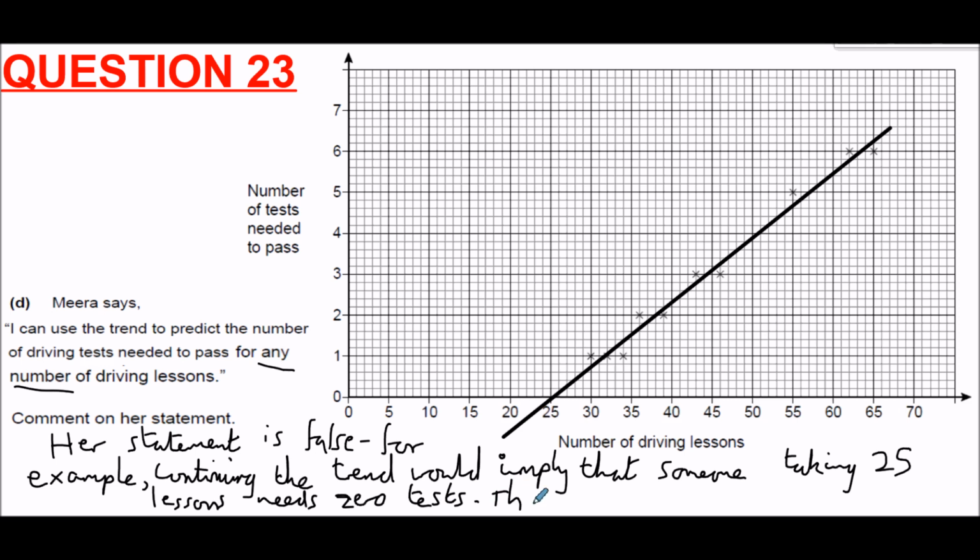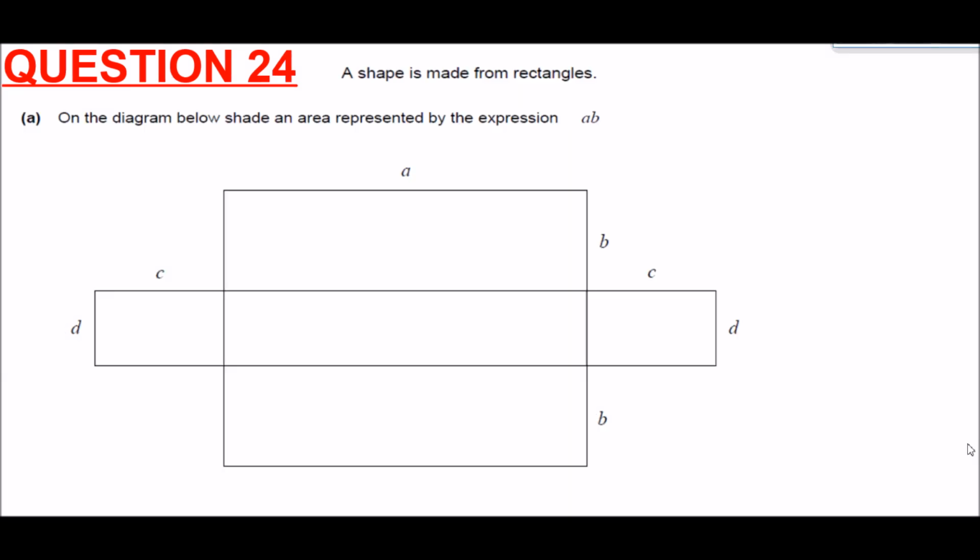And simply put, this makes no sense. And so that'll do for a reason for part D. Forgive my horrible writing if you can. Thank you.